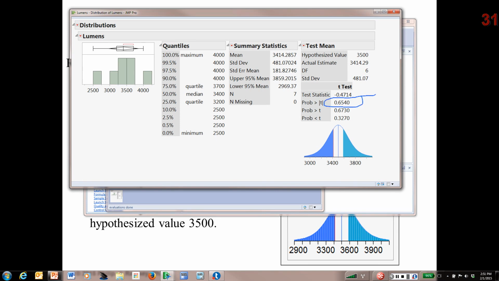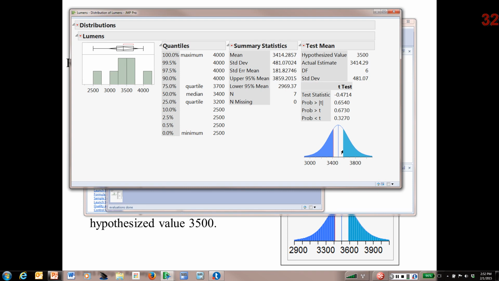0.654. In other words, about 65% of all of the possible values that I could have observed if the null hypothesis were true are either less than 3,414.3 or equivalently about 3,586 on the other side.